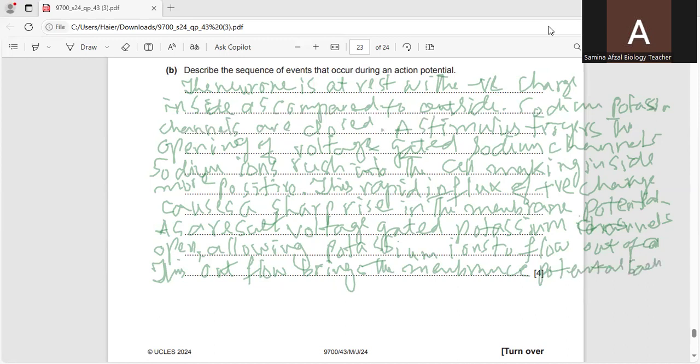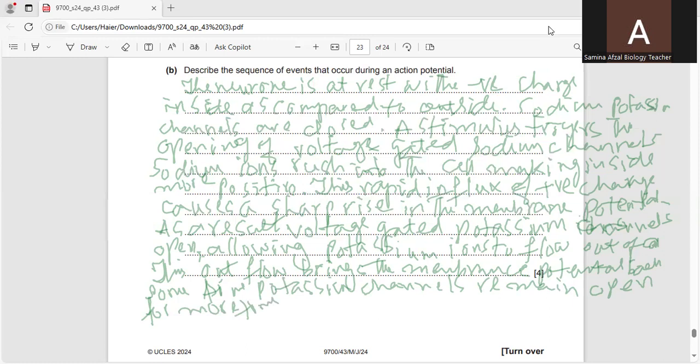And then another phase. Sometimes potassium channels remain open for more time, causing the membrane potential to dip below the resting potential.